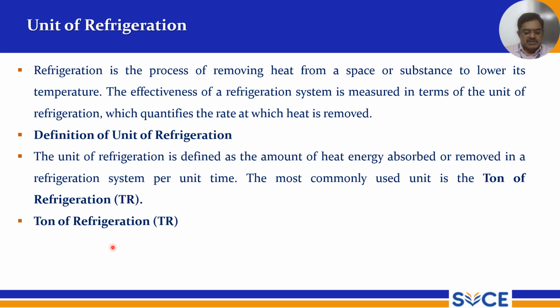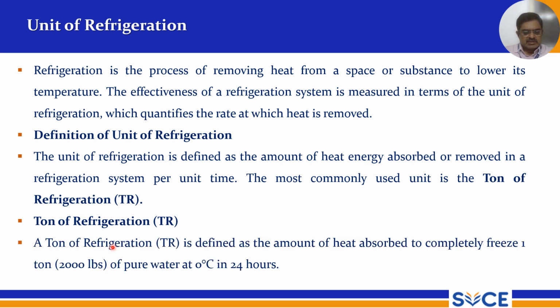This ton of refrigeration is also defined like this. It is defined as the amount of heat absorbed to completely freeze 1 ton, where 1 ton is equal to 2000 lbs, in terms of pounds of pure water at 0 degrees Celsius in 24 hours. So this is the ton of refrigeration definition.